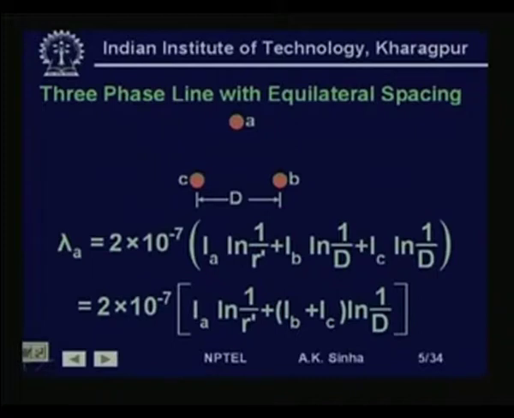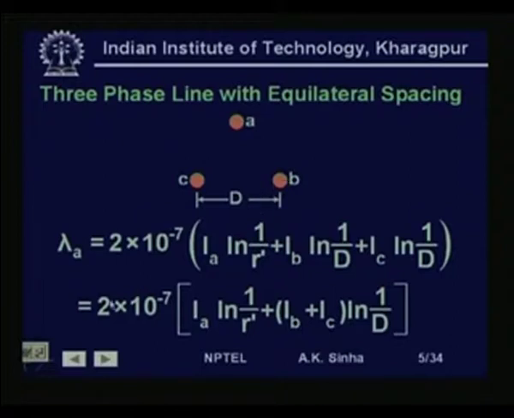Well, first we will take the calculation of inductance for a 3-phase line with equilateral spacing or equal spacing. Now, here in this diagram you can see A, B, C are the 3 conductors which are placed at the vertices of an equilateral triangle, that is the distance among all 3 conductors is d.